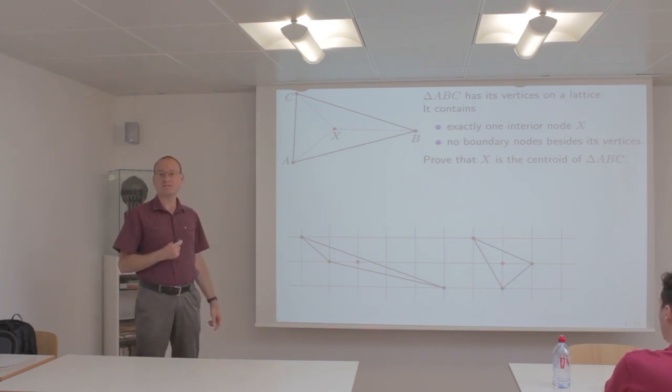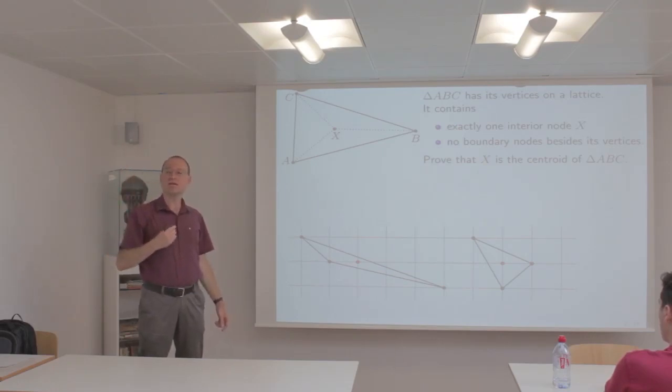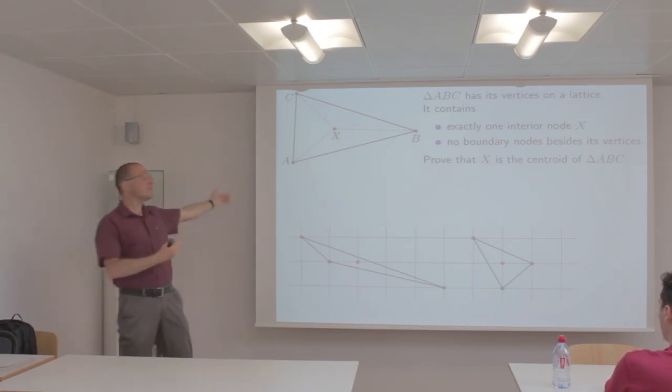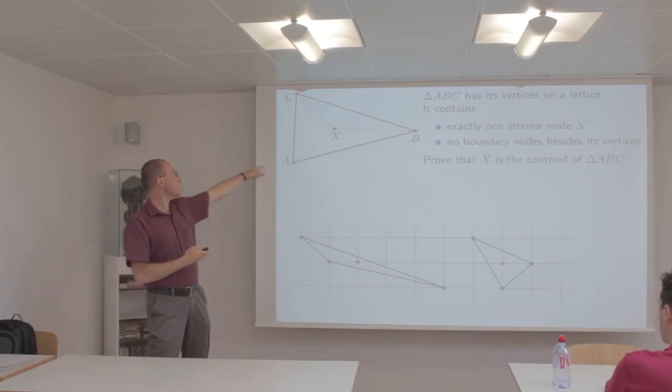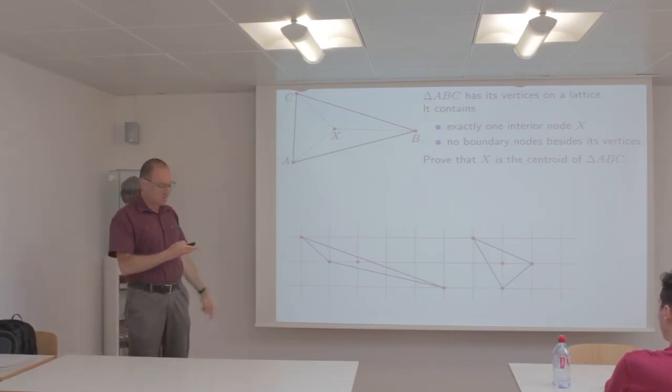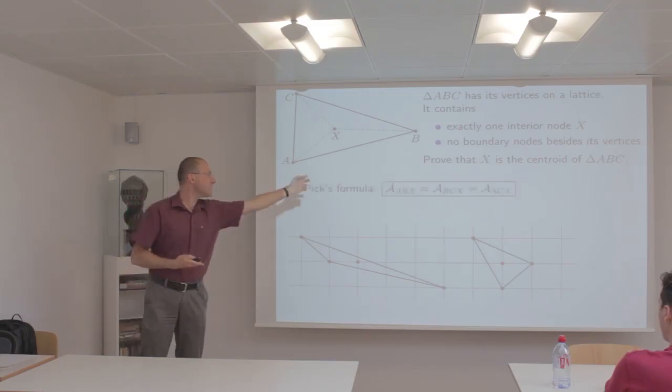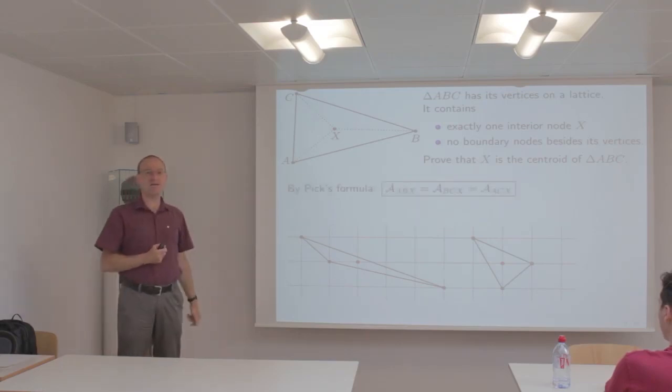We can calculate. Yes? Each has the area of a half. Absolutely, each of these, that's what you wanted to say as well, yes? Each of those 3 triangles, ABX, BCX and ACX, has the same area. It has area 1/2.